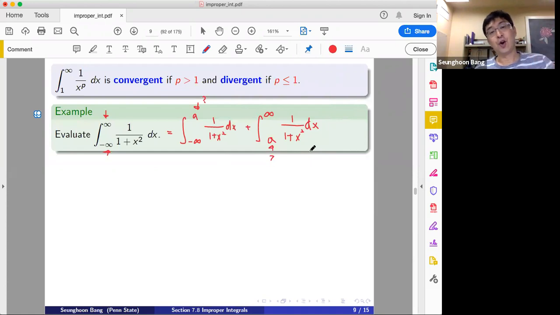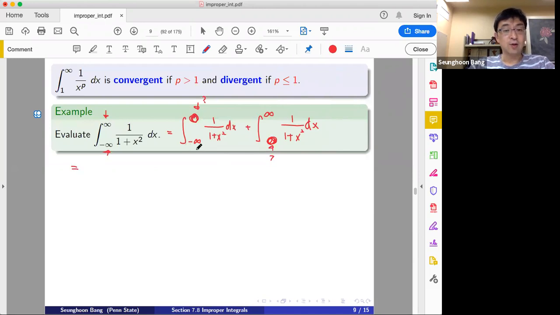You can choose 0, 1, 2, negative 1, 10, 100, minus 100. You can choose any real number. What is the easiest number for calculation? 0 is the best choice. It doesn't matter which number, but 0 is the best choice. I'm going to use 0.